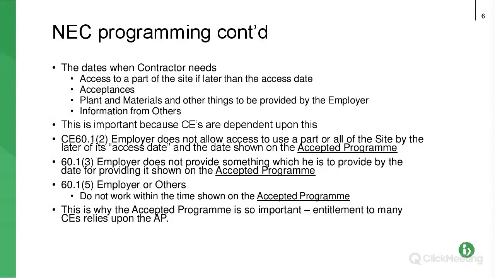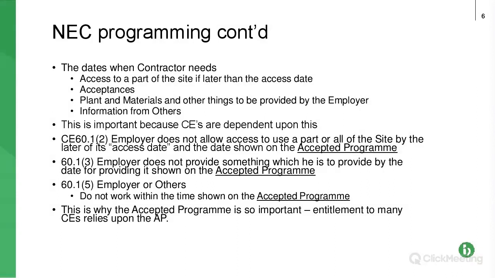And it also means you will only get a compensation event if you can show that the programme stipulates that you are allowed access on a specific date. If it's in correspondence or some of the documentation, you're not going to be able to succeed on this claim, which is why I say it's very prescriptive.